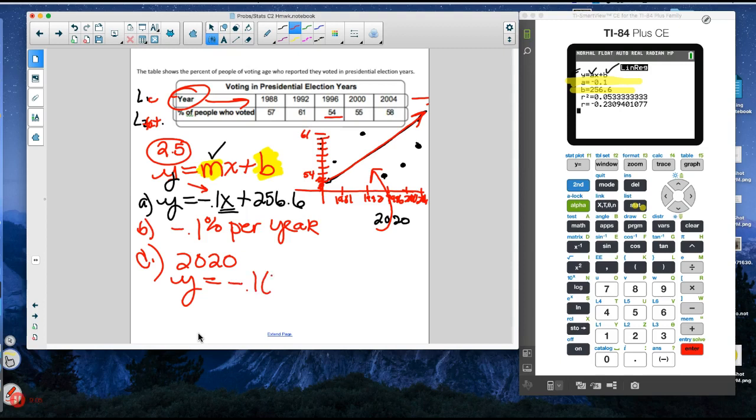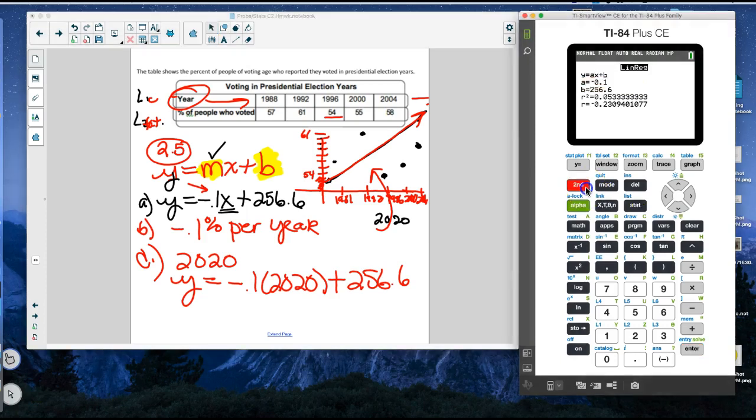Negative 0.1 times 2020 plus 256.6. And you'll just go to your calculator. I'm going to second quit here. Go back to some blank paper. So second quit. And let's erase some of that. I will just do negative 0.1 times 2020.